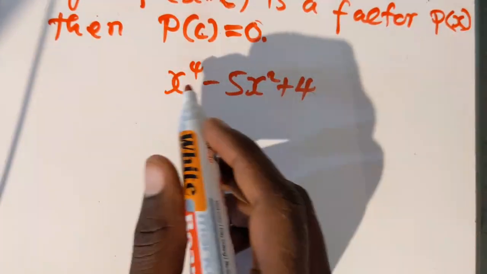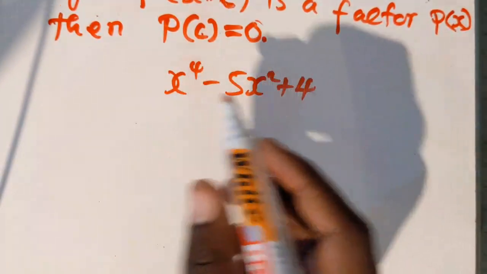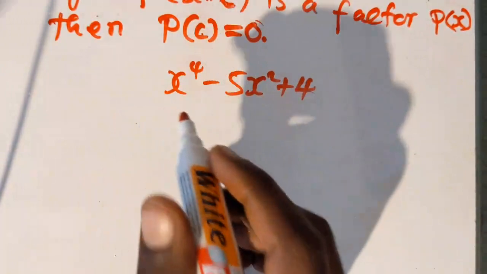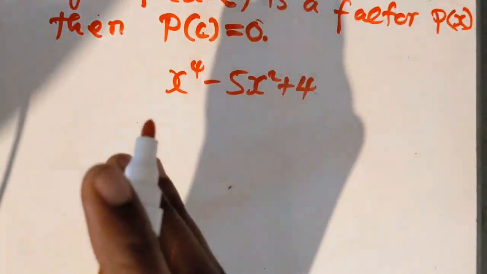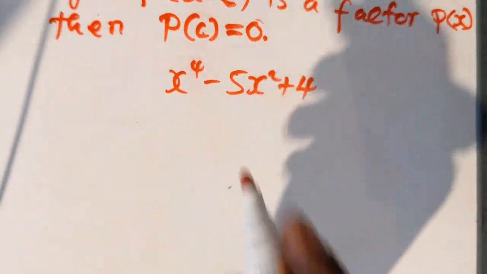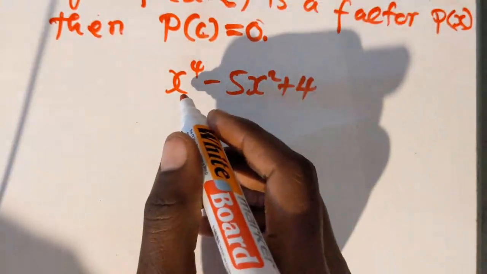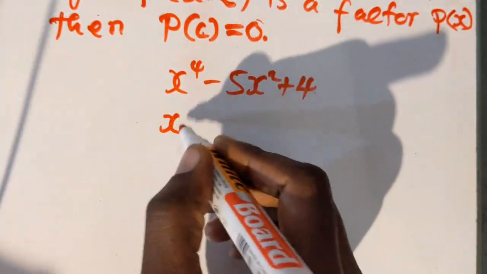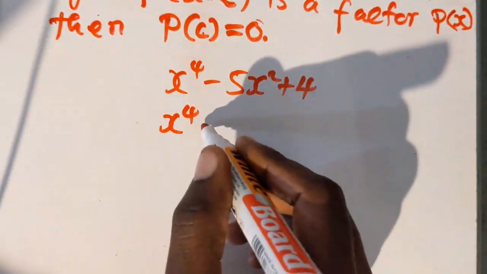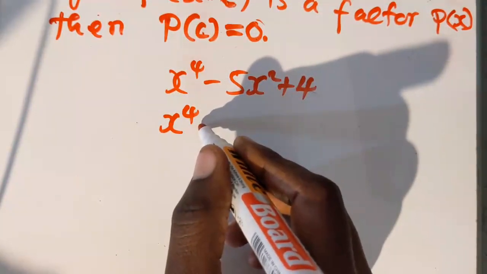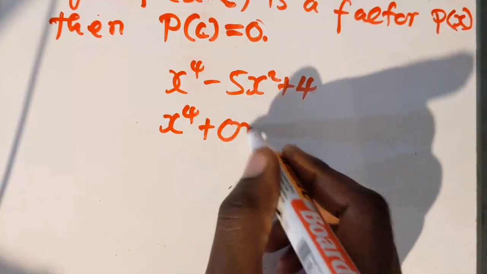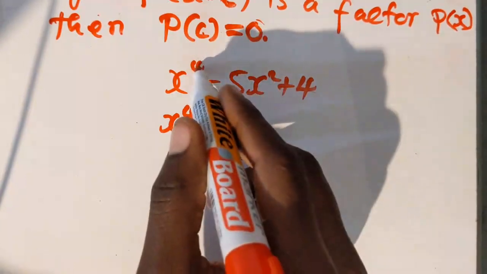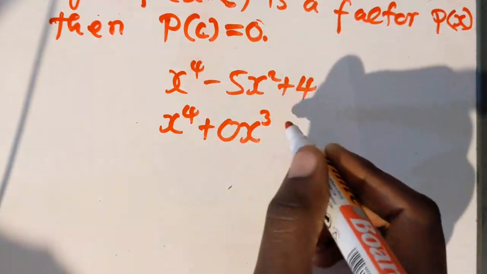When you're using long division or synthetic division, we arrange this, meaning that it's going to be x to the power 4, plus 0x to the power 3, right?